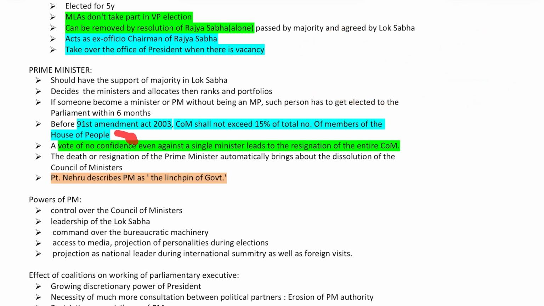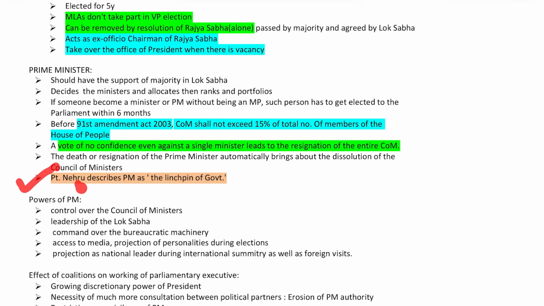A vote of no confidence, even against a single member, leads to the resignation of the entire Council of Ministers. The death or resignation of the Prime Minister automatically brings about the dissolution of the Council of Ministers.